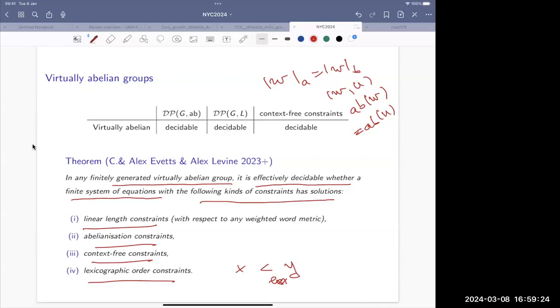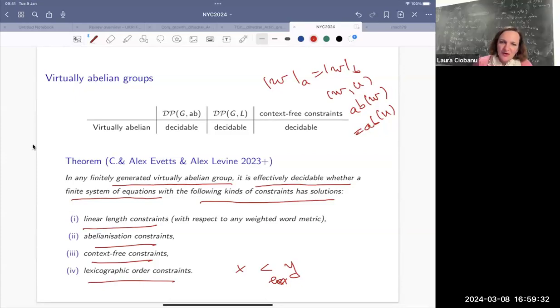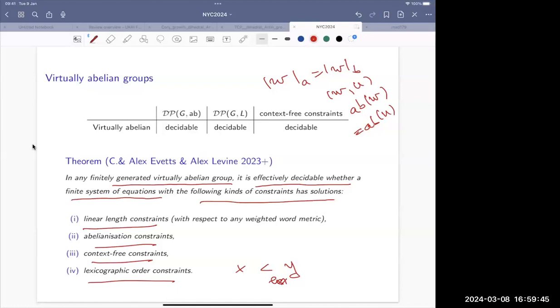If you know the result, it's obvious, but Parikh's theorem is not completely obvious if somebody doesn't tell you. So the point is, once you have rational constraints, then you can solve equations with rational constraints in virtual Abelian groups. That's sort of folklore. It's integer programming.